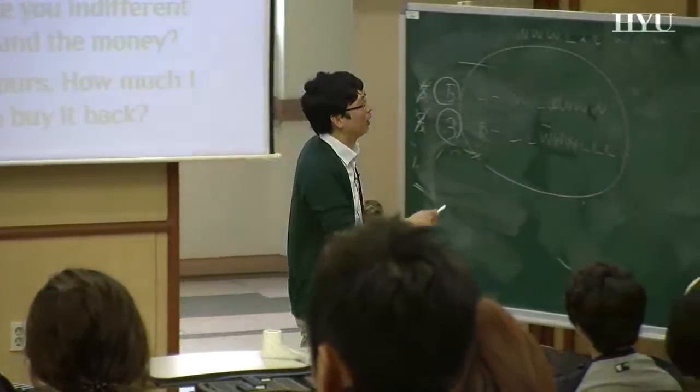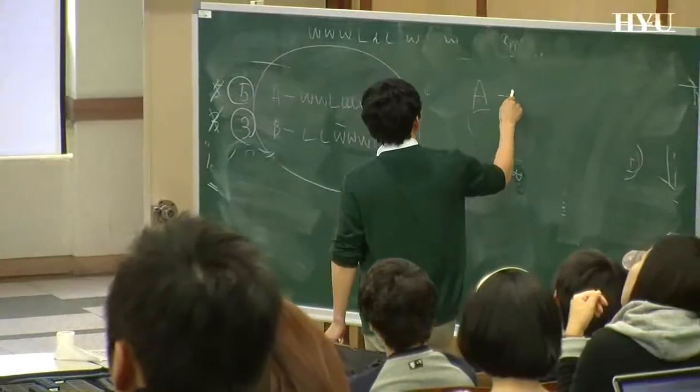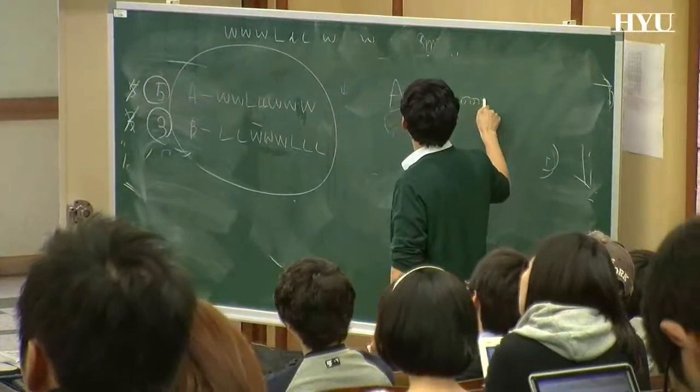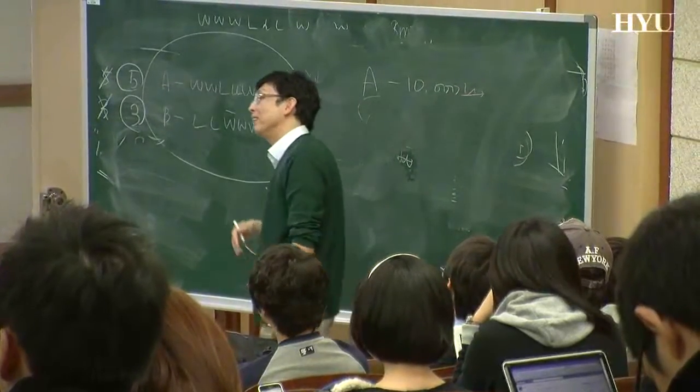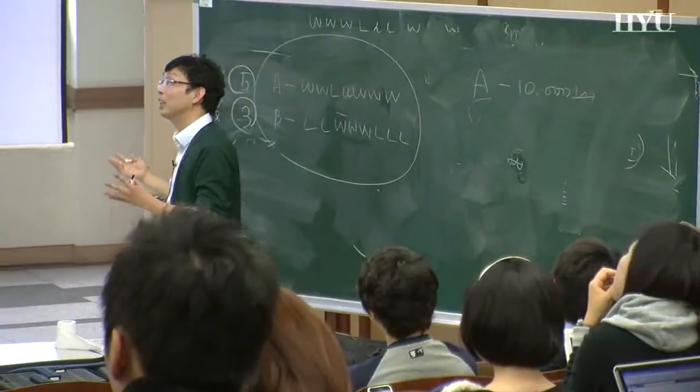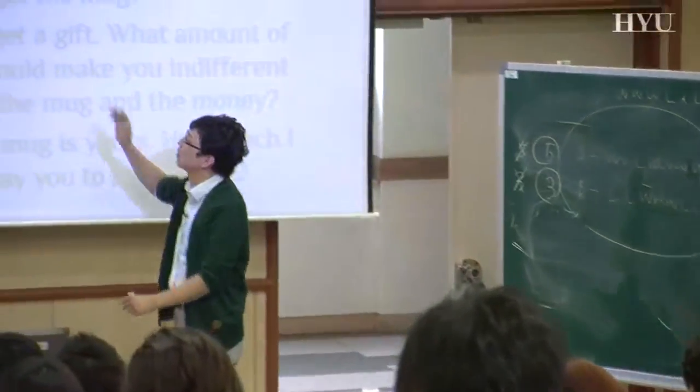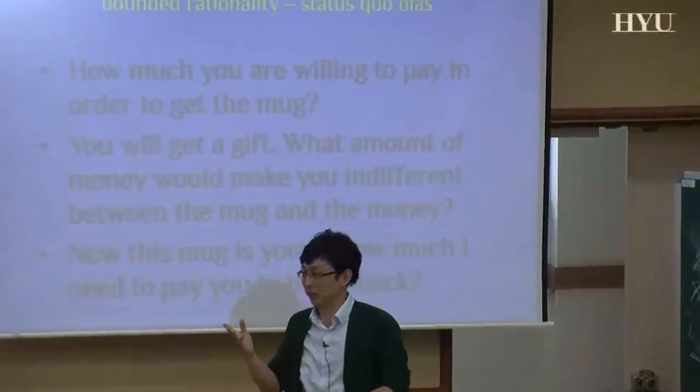10,000 won. Okay, A is 10,000 won. Okay, now I can give you money. Another question: the first one is you have to buy it. The second one is you will get a gift, right?